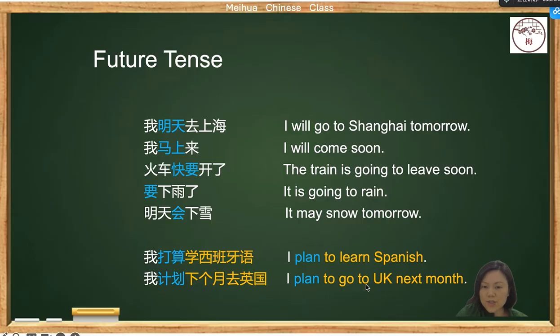However, in English, for a phrase that works as adverbial, we usually put it after the verb. Go to UK next month. We don't say I plan to next month go to UK. We don't say this, right? Especially if it's a phrase, we always put it after the verb. This is also a very important difference between Chinese and English.